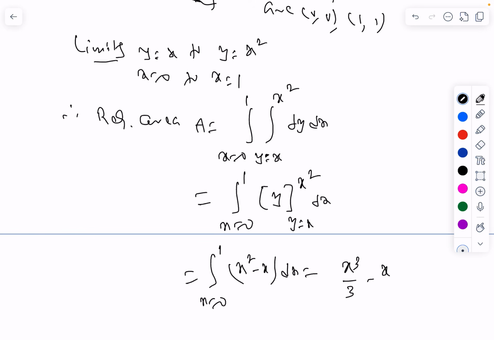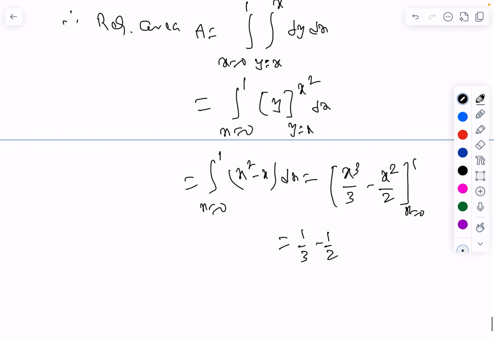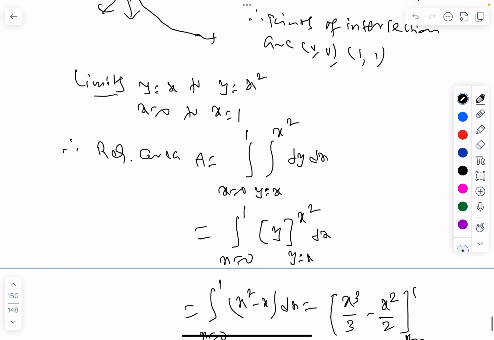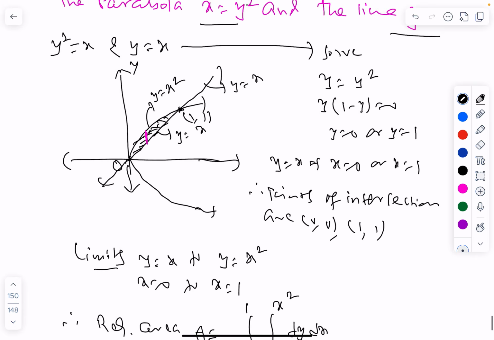So x cubed by 3 minus x square by 2, x equal to 0 to 1. So 1 by 3 minus 1 by 2. And so that is nothing but (2 minus 3) by 6, which is minus 1 by 6. But now here you need to take care. Here we get the answer negative.